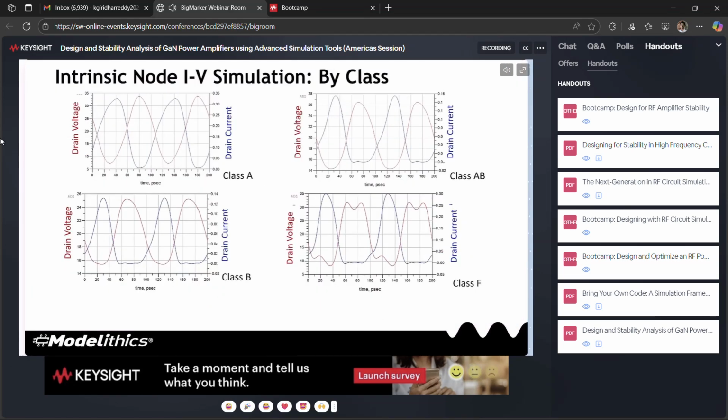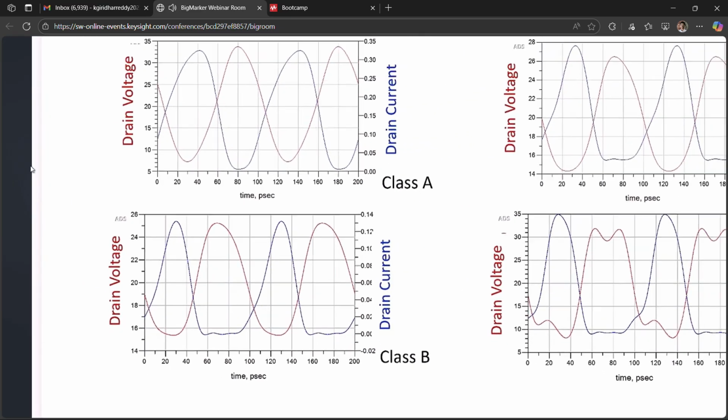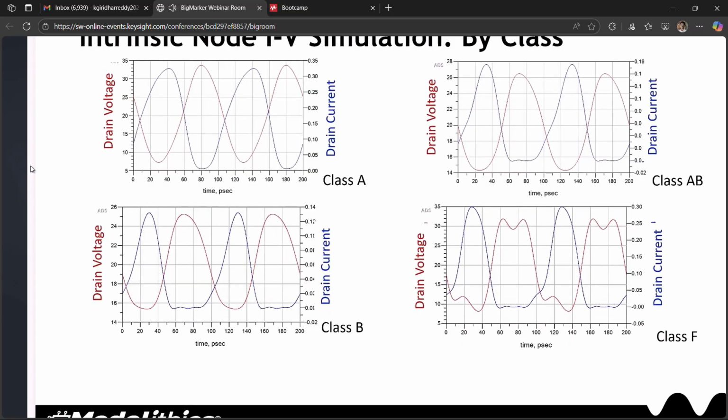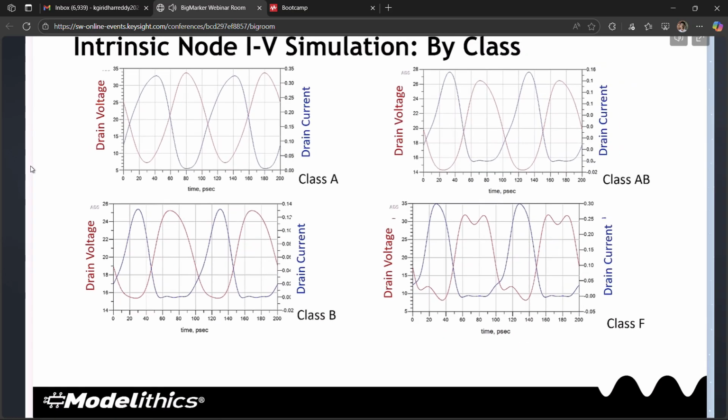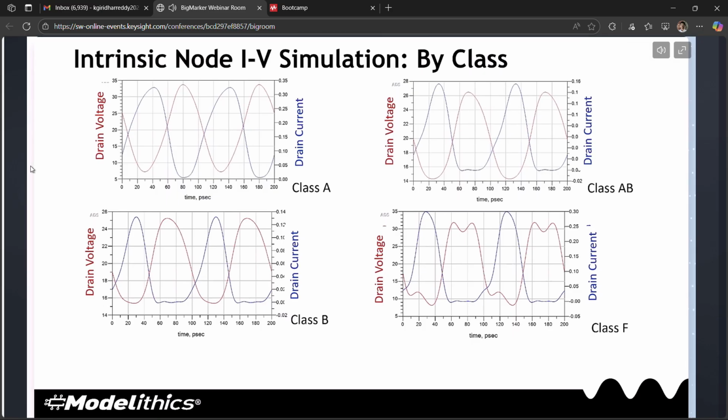Well, it turns out that the type of waveforms that are discussed in terms of Class A, Class B, Class AB, and Class F depicted here are really only meaningful at the intrinsic ports of the transistor, inside of the parasitic resistances and capacitances, which, when present, will actually distort these waveforms.